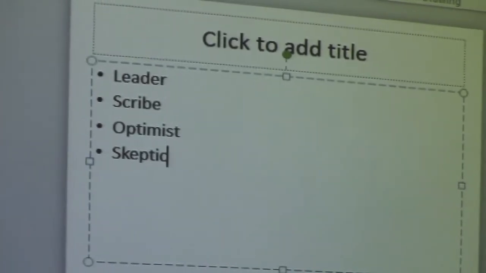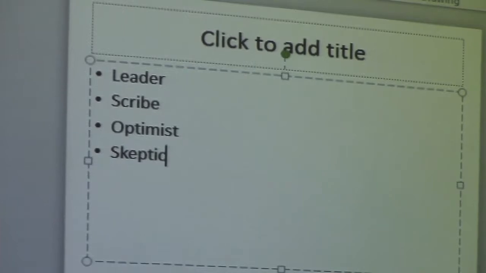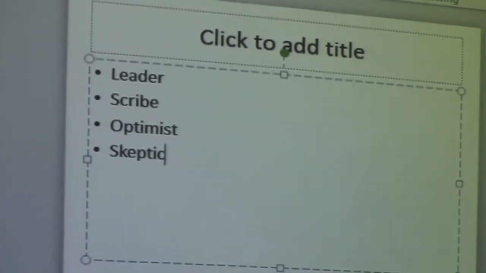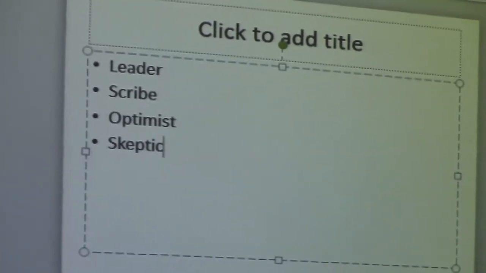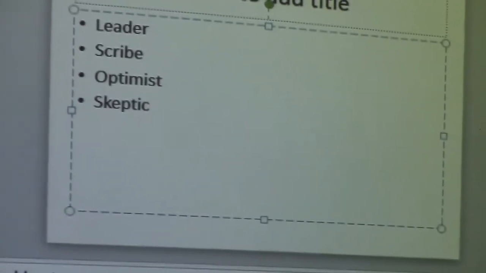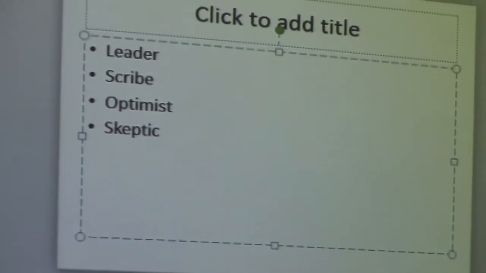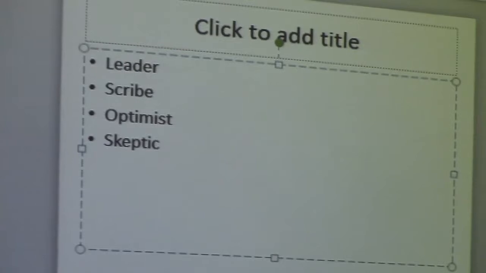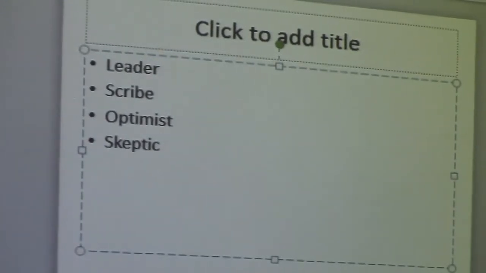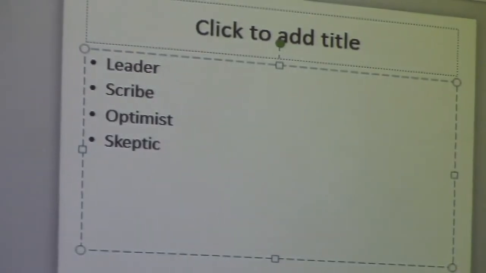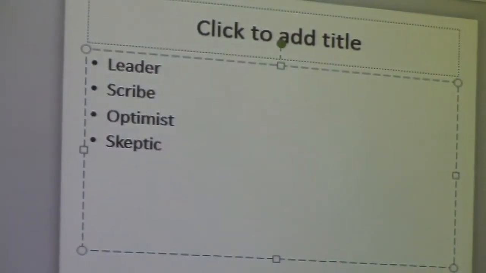When you're in a real team, sometimes these things form naturally. There's a lot of misunderstanding about the leader. Sometimes you'll self-select. If you're a naturally optimistic, positive person, then you're likely to be the optimist. If you're a naturally skeptical person, you'll be the skeptic.